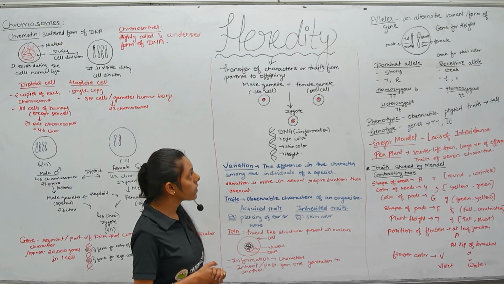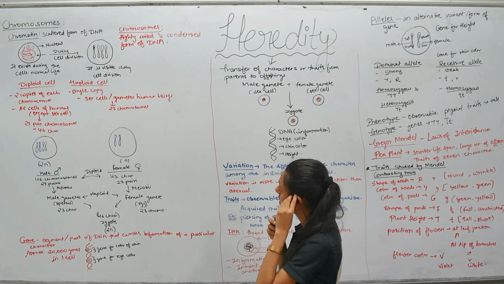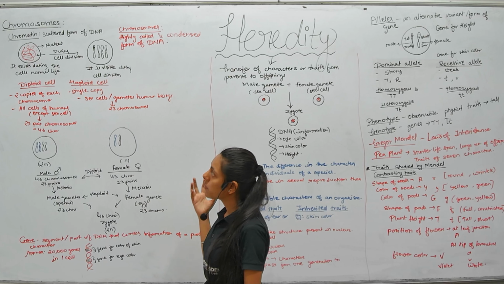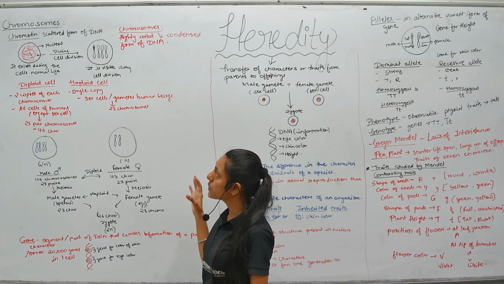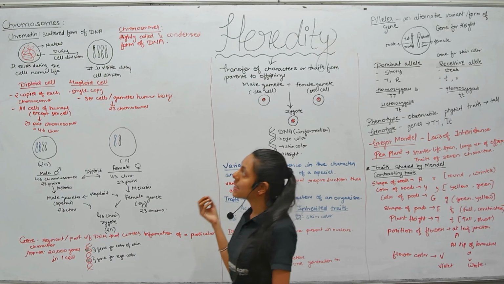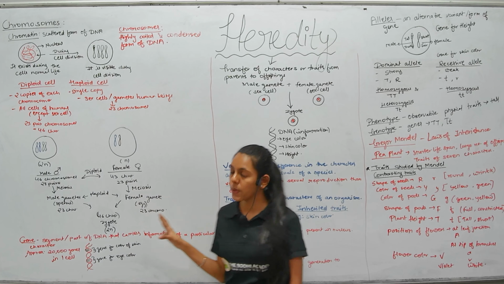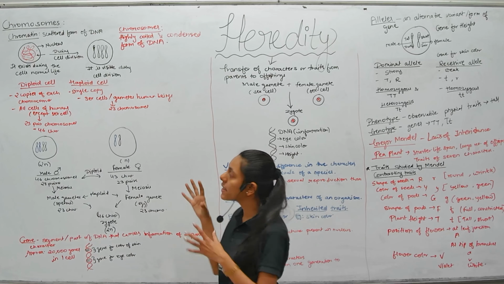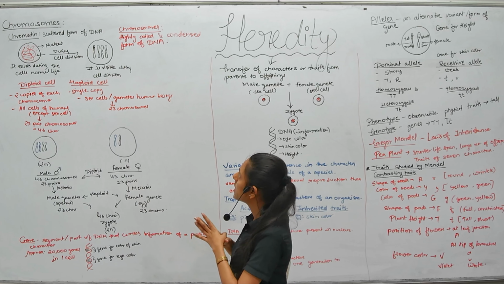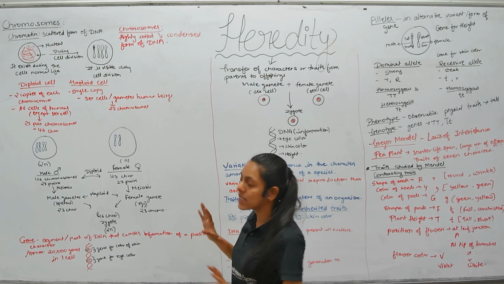Then we come to chromosomes. A chromosome exists in chromatin form during the normal cell life. Chromatin is the scattered form of DNA, meaning it will be open, not tightly coiled, during its normal life cycle.